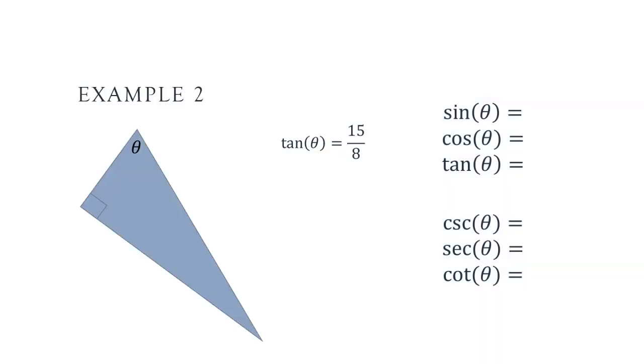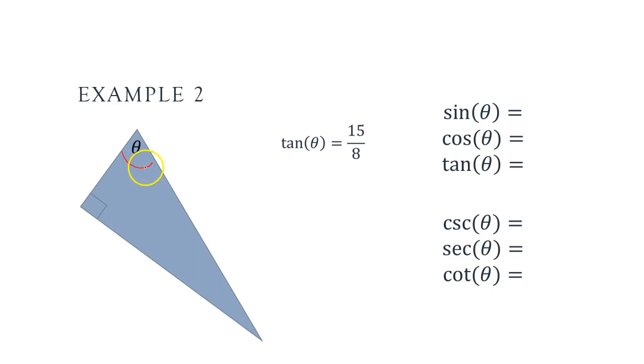Right? It turns out that you can also find all of the trig ratios if I just give you one of the trig ratios. This triangle is not on your note sheet. I would recommend that you draw a right triangle if you are trying to solve one of these problems. And so I drew a right triangle, and then I decided I'm going to call that theta. You can decide where you want to put theta on your right triangle.